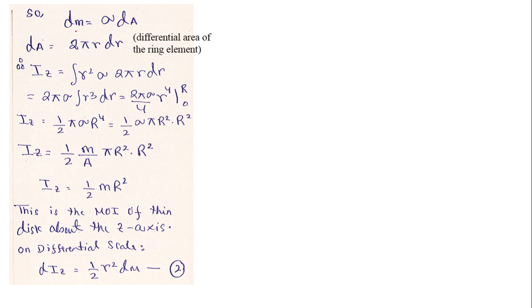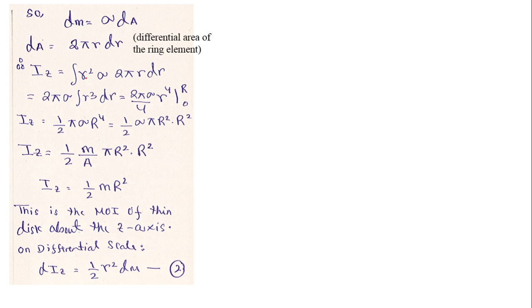Okay, so the mass will be equal to density times area, and this area is the differential area of the ring element, which is equal to 2 pi r dr. So this 2 pi r is the circumference of the ring element that we have considered, multiplied by its thickness, and this gives us the area of the ring element, 2 pi r dr. So this dA is 2 pi r dr, and this sigma is the areal density.